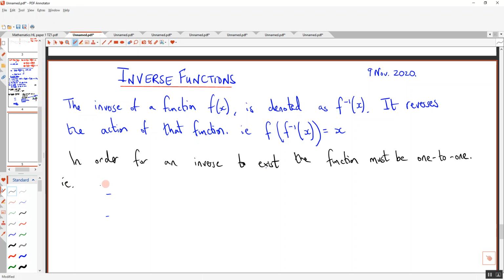And the easiest way to think about that is, i.e., it must pass the horizontal line test.